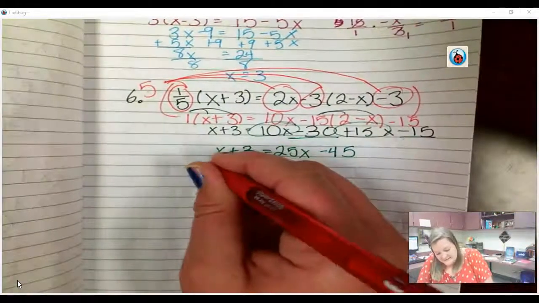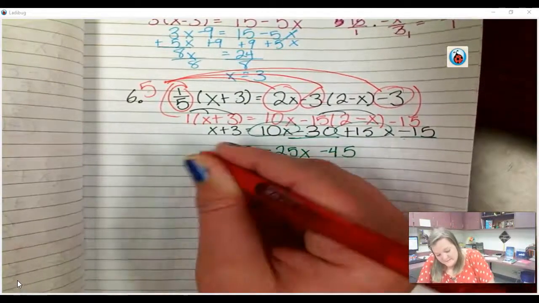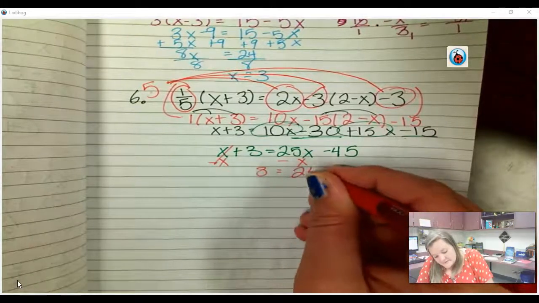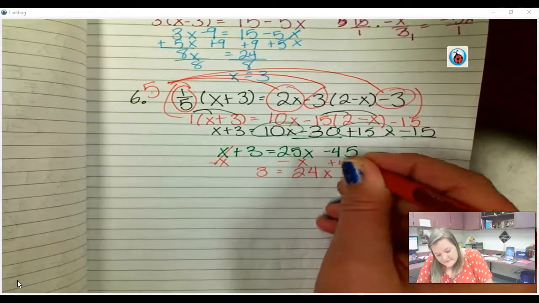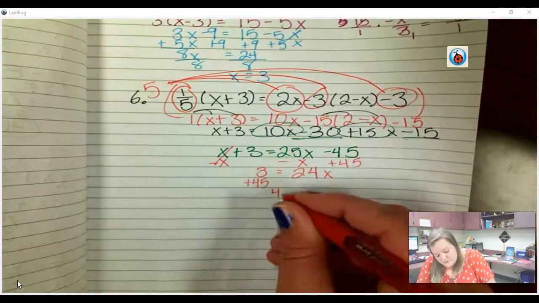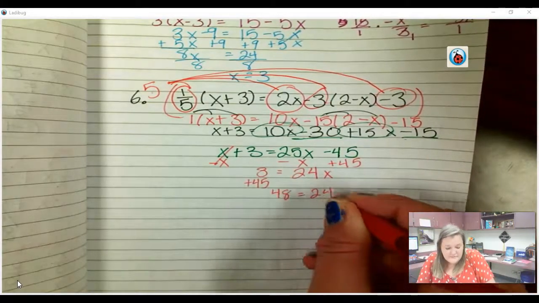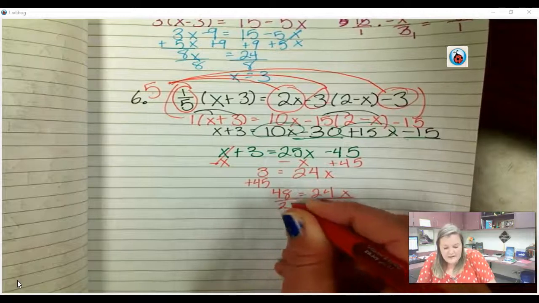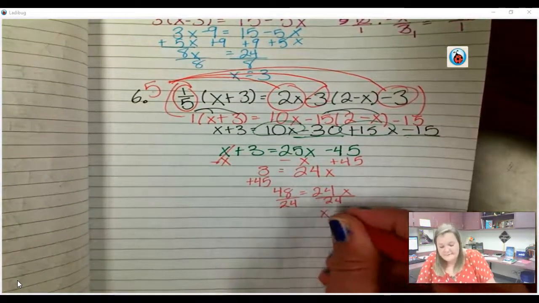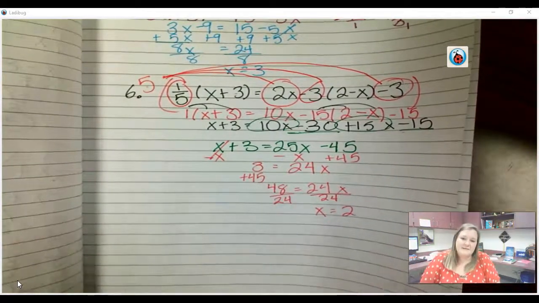I'm excited. Are y'all excited to see if this actually works? They're like, no. 3 equals 24x. Oh, it might. Plus 45. 48 equals. Oh, wow, the answer is 2. I never would have guessed that. Huh. Man, that's a long problem.